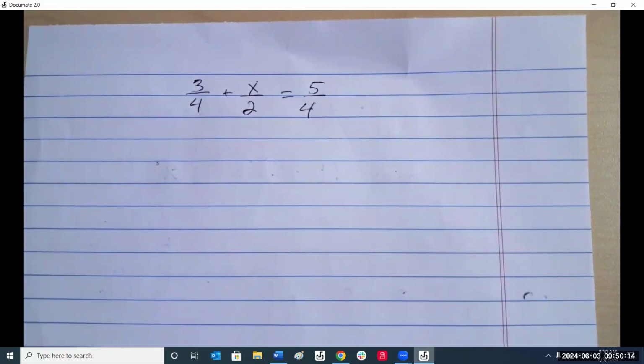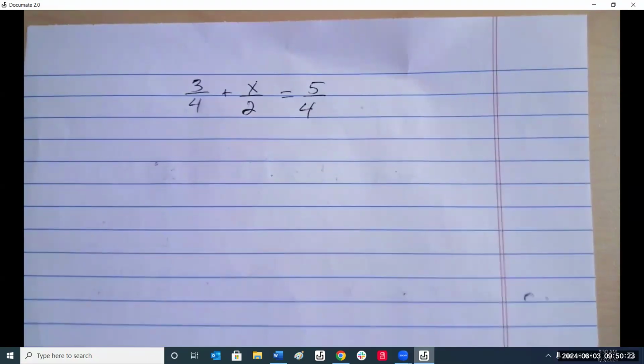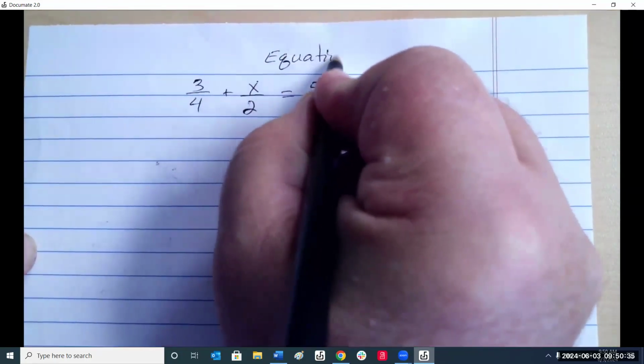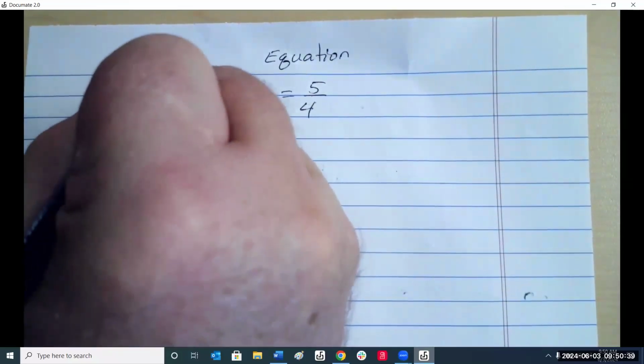Yeah, I don't. I hate it. The reason being because it requires a lot more steps to do what you need to. So to solve fraction equations like this, how do we know this is an equation? Equation versus a statement.